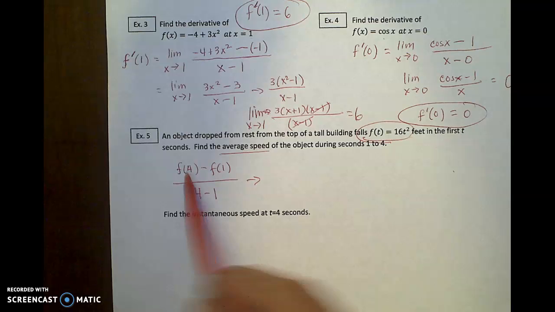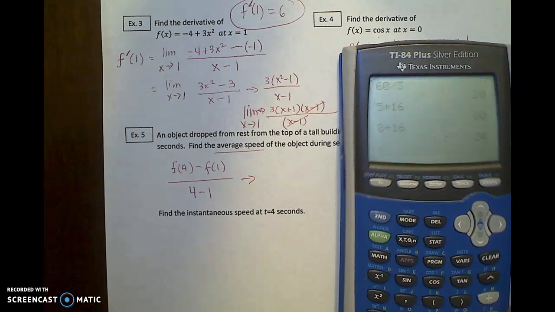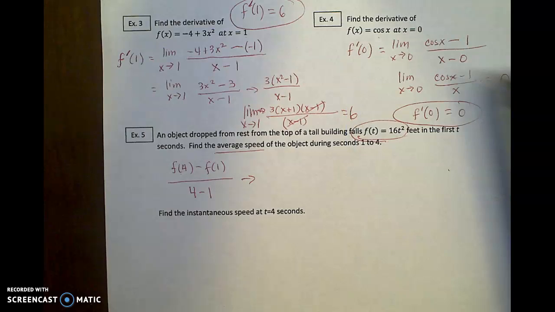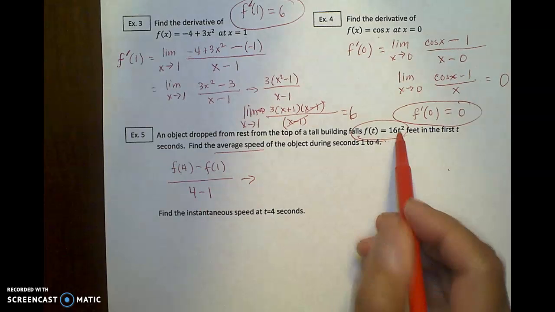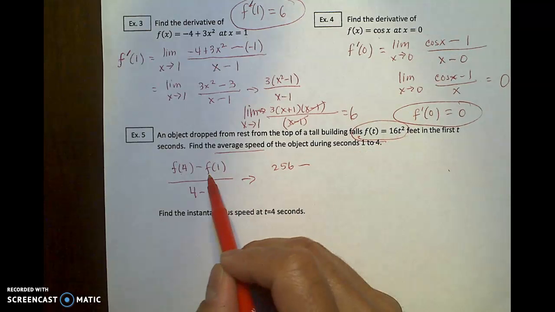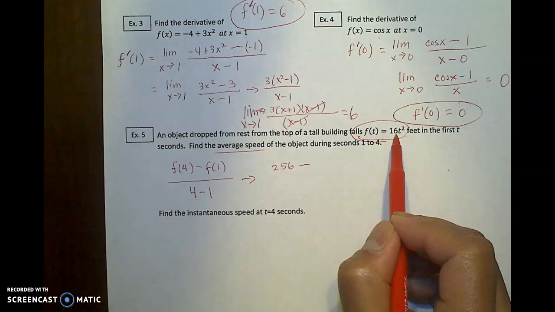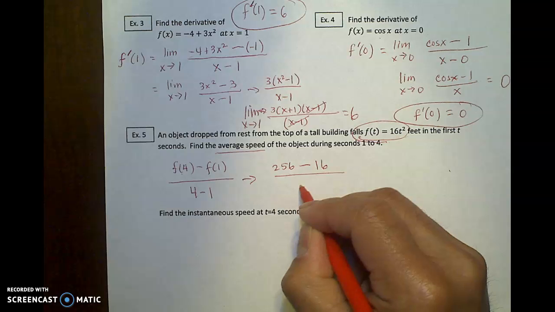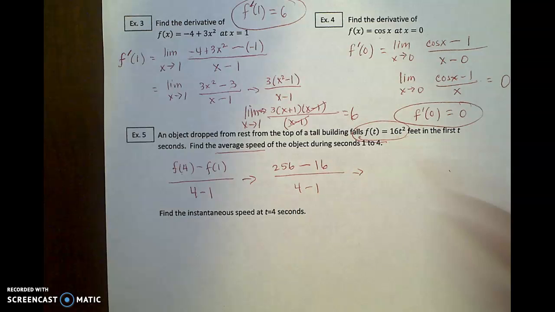So f of 4, I'm going to plug 4 in for x. So it's going to be 16 times 4 squared, 256, minus f of 1, plug in 1 for x, 1 squared is 1, times 16 is 16, divided by 4 minus 1.